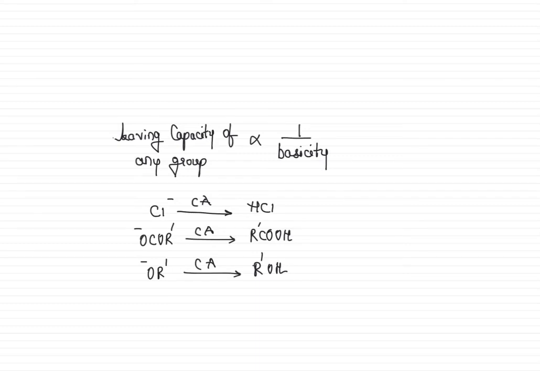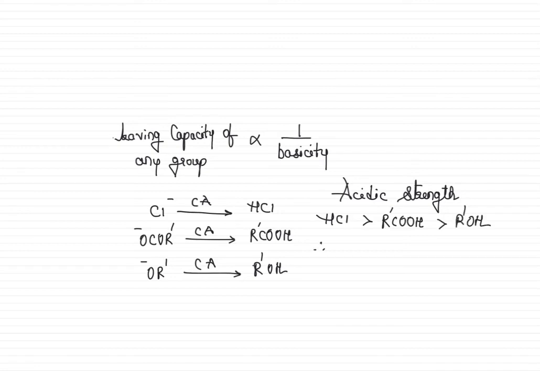Now, if you look at the acidic strength, it follows HCl greater than R dash C double O H greater than R dash OH.